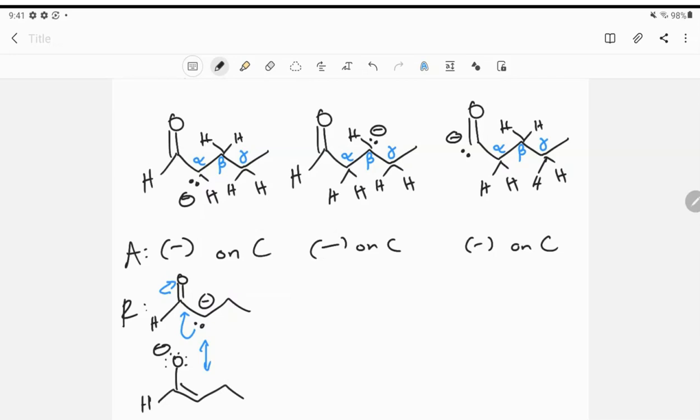And so this is a more favorable resonance form, right? So we're going to see that this resonance is very stabilizing, so we have good resonance here.